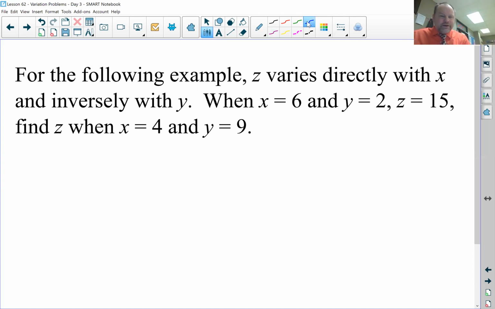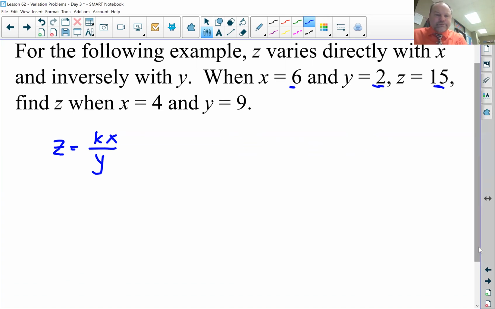So I'm going to start with the equation. Z varies directly with X and inversely with Y. And we're going to use the first values to solve for K. So 15 for Z, 6K over 2.